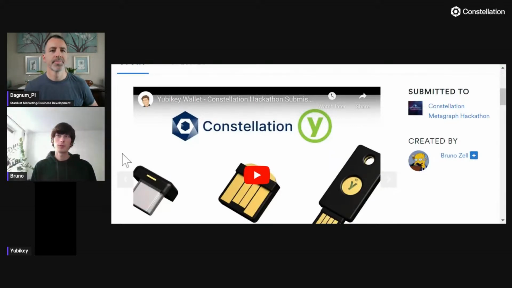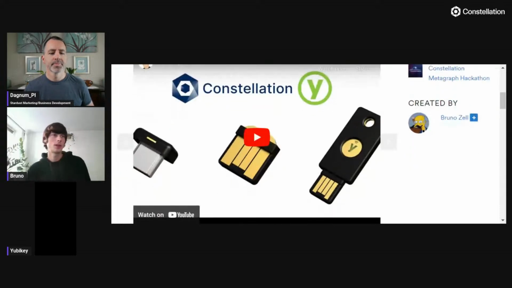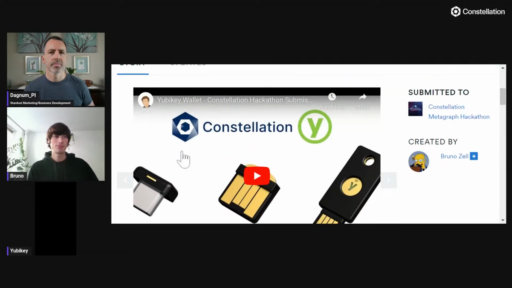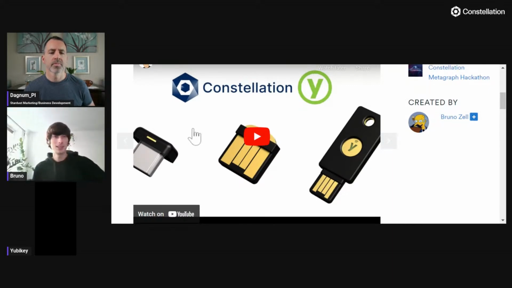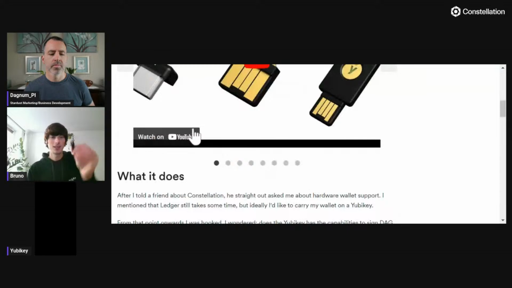So a few weeks ago, maybe 2 months ago, I sat down with a friend. I told him about Constellation Network, and pretty much his first question was, does it have hardware wallet support? And I was like, yeah, Ledger takes some time, but there's BitFi, maybe you have one, maybe not. But at that time, I had a YubiKey, just like this, in my wallet.